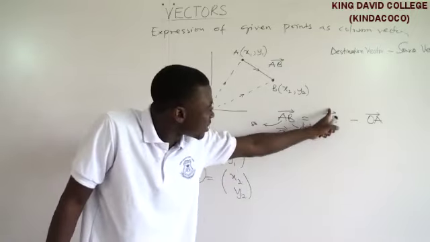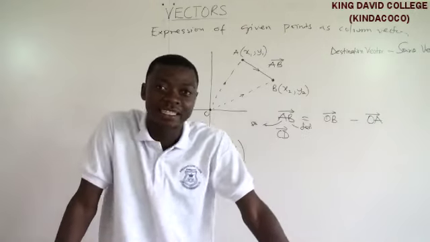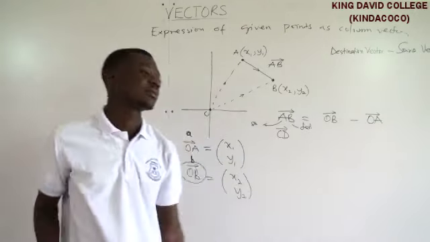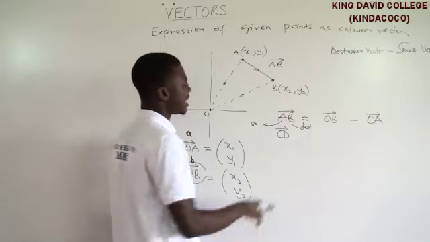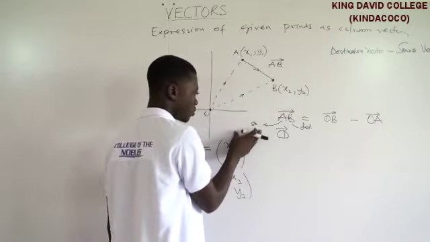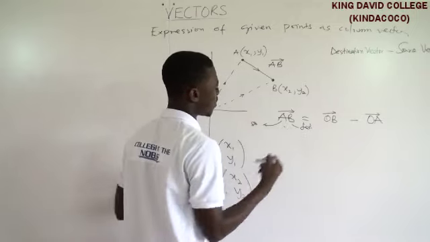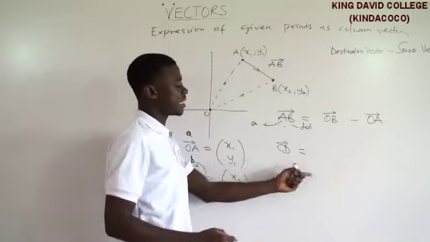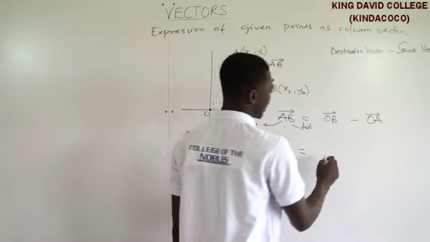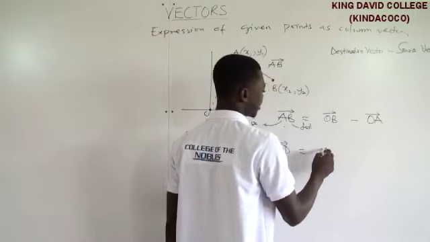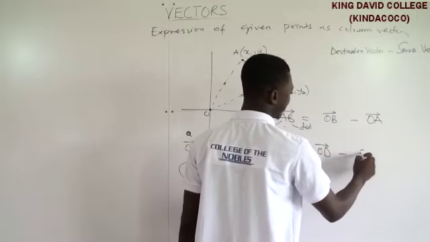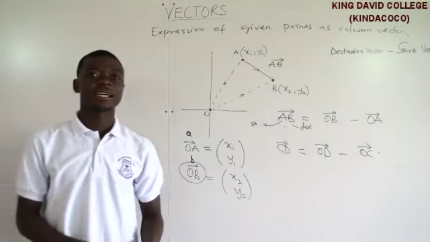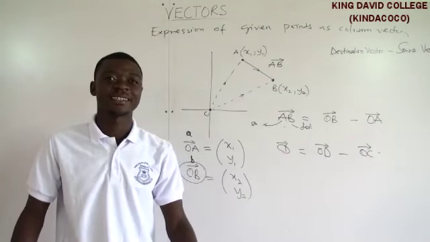Or you can say, in some books, vector B minus vector A. It doesn't change anything. Same way if I'm doing CD, then this becomes destination minus source. So D vector, OD, minus OC. Simple. Like that. Are you okay?